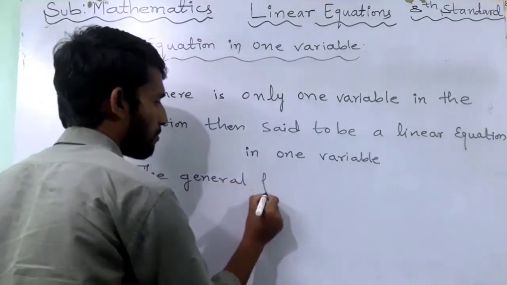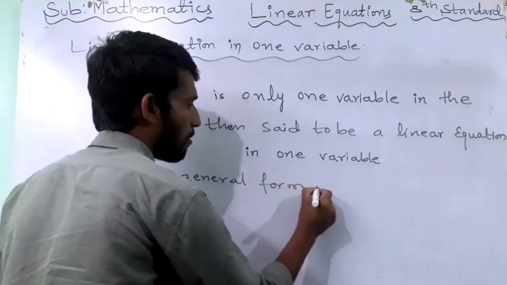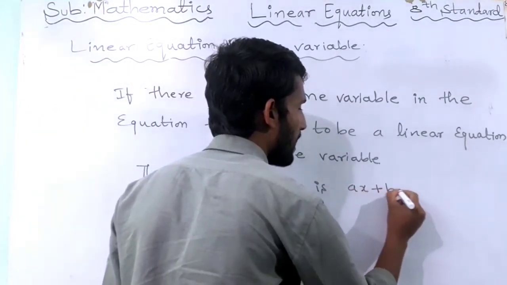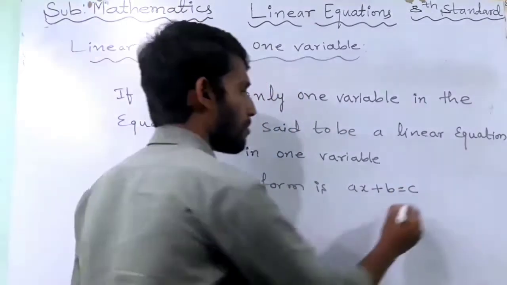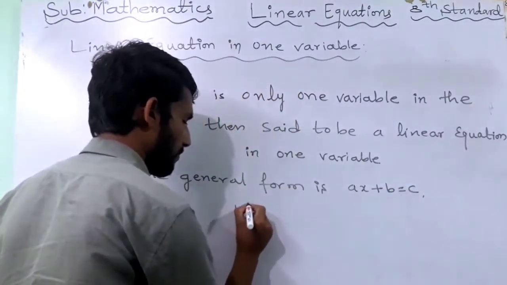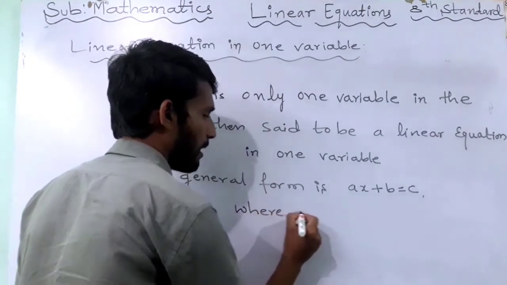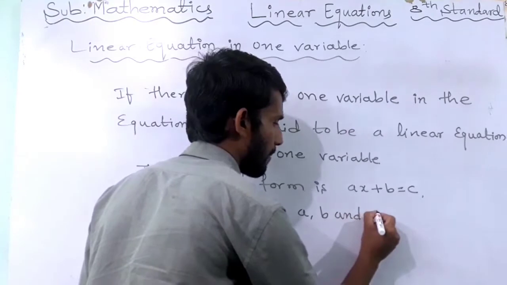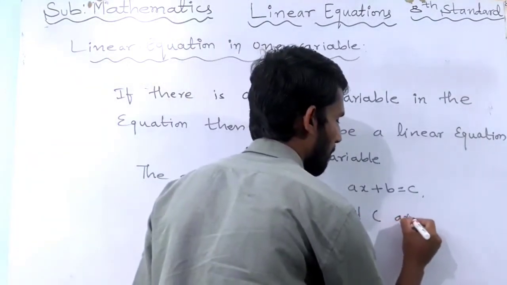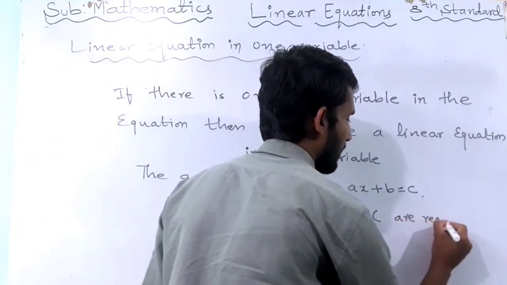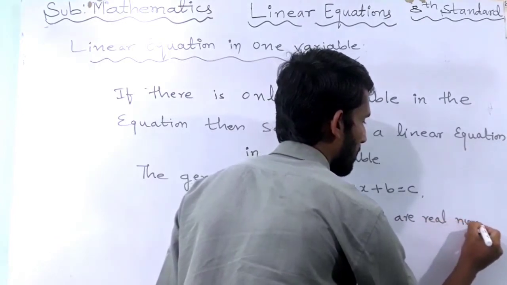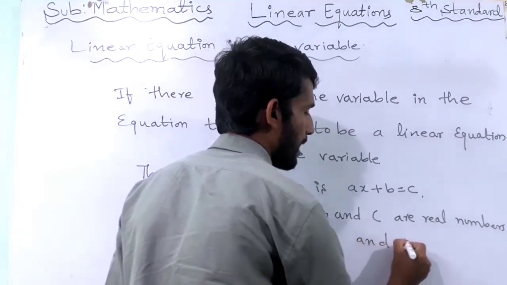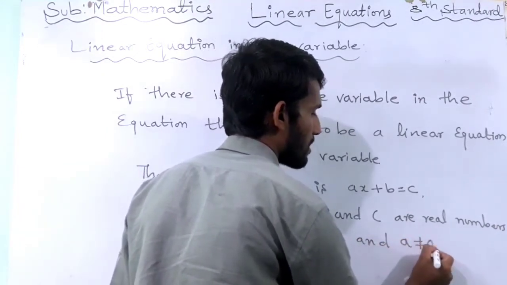The general form is ax plus b is equal to c, where a, b and c are real numbers and a does not equal 0.